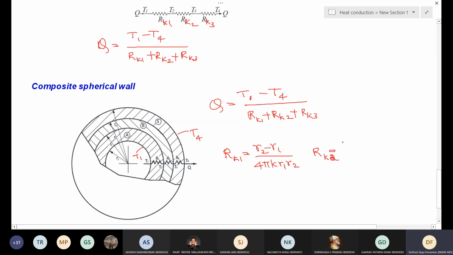RK2 will be R3 minus R2 divided by 4πK2 R2 R3, and RK3 is R4 minus R3 divided by 4πK3 R3 R4. K1, K2, K3 — K2 was missing. Oh, sorry, the material is different. So K1, K2, K3.